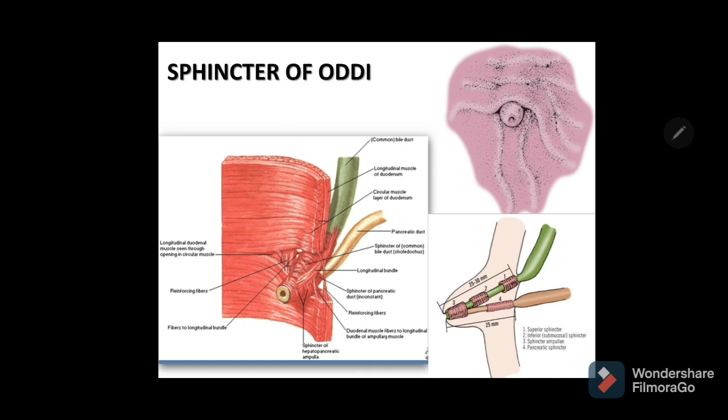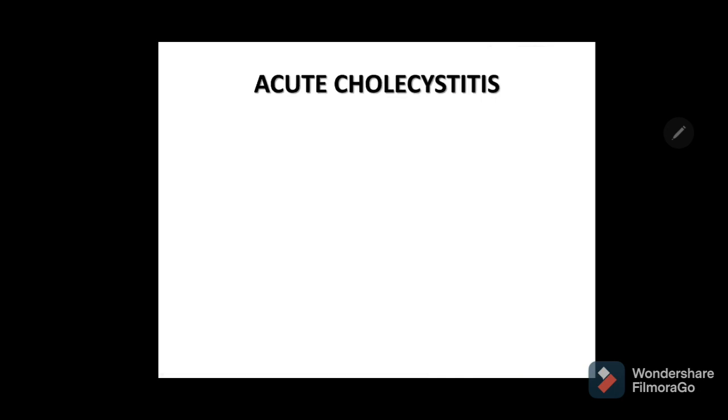And coming to the sphincter of Oddi here, you can see the bile duct has its own sphincter that is called as sphincter choledochus and sphincter pancreaticus. Surrounding both is the sphincter of Oddi. That is very important. So common bile duct may cause acute pancreatitis because they have common opening in the second part of the duodenum.